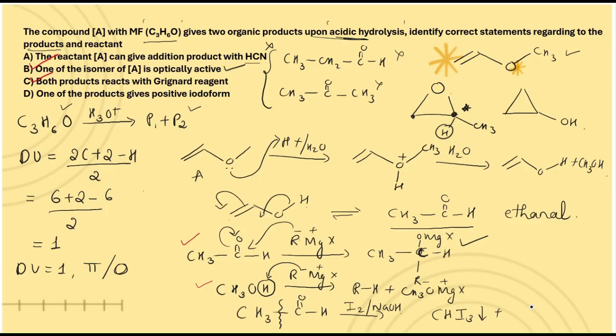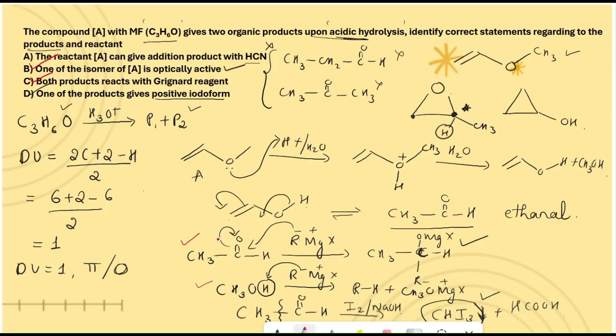What is the fate of this? It will undergo complete oxidation like this, forming iodoform. Methanol will not undergo reaction, but acetaldehyde does, and it gives a positive iodoform test, forming a yellow precipitate due to the methyl group. Therefore, this statement is also correct.